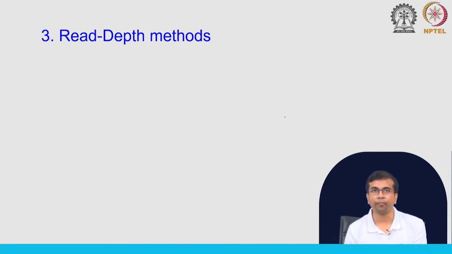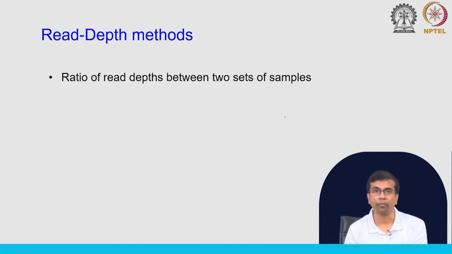The third method is called the read depth method, and this method is mostly employed for looking at copy number variations. We have talked about copy number variations, and so we can use this read depth method for copy number variation.